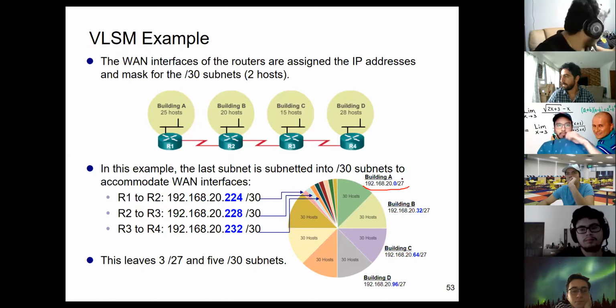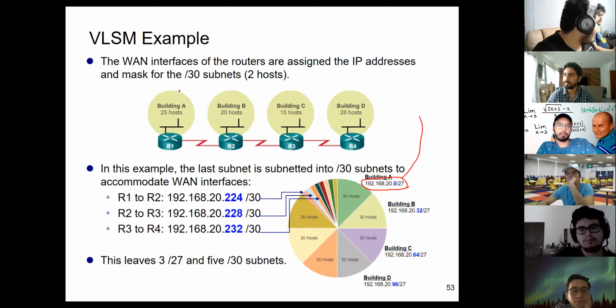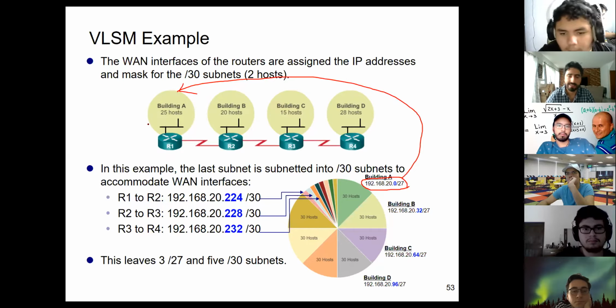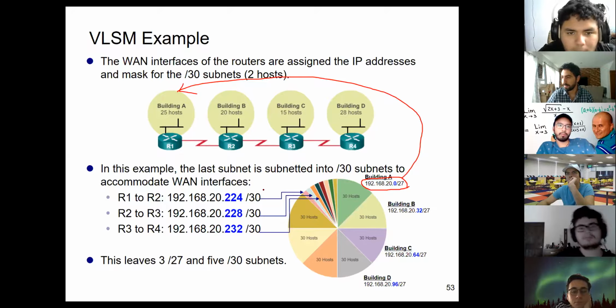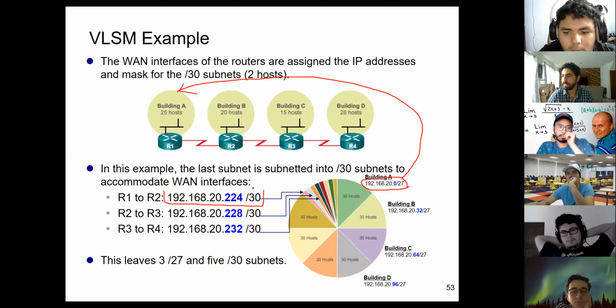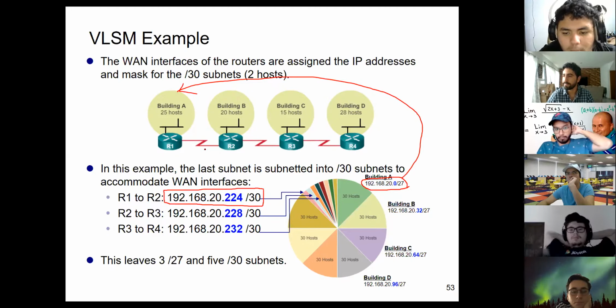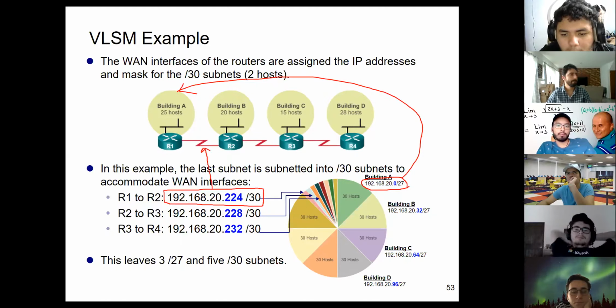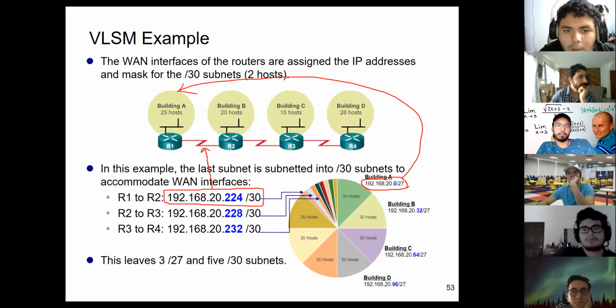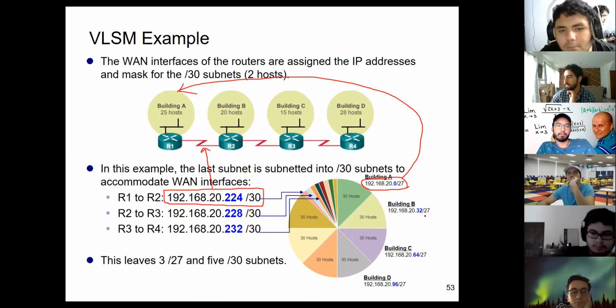Then for this one, you put this complete IP address. You have to mention the prefix. Then for this one, you put the range here, then the prefix. More questions?